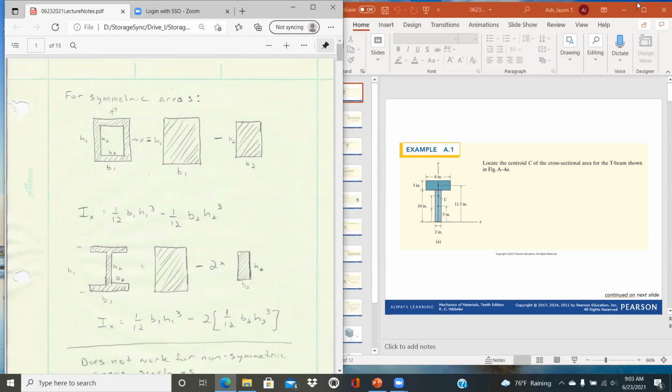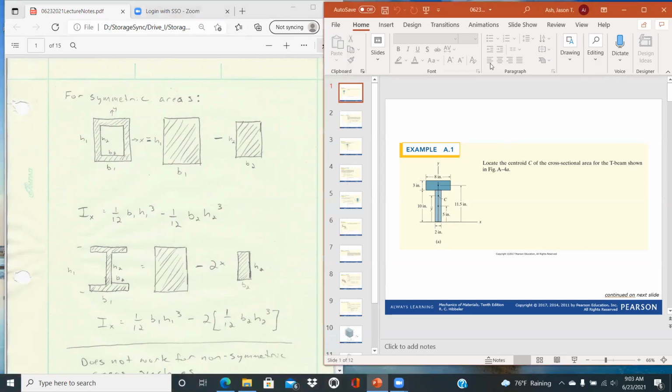Okay, also on number 16, the instructions are to find it to the nearest millimeter. My answer came out to 29.42, so I rounded down to 30. And so you rounded down.